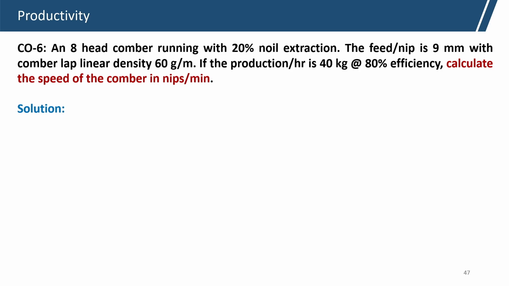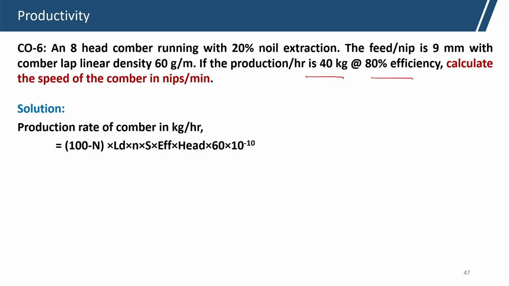Now, another numerical for productivity. An 8 head comber is running at 20% Noil extraction. The feed per nip is given as 9 millimeter with the comber lap density 60 gram per meter. If the production is 40 kg at 80% efficiency, calculate the speed of comber in nips per minute. The same formula will be used.